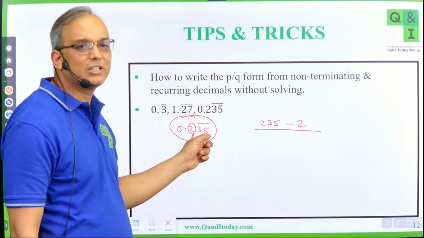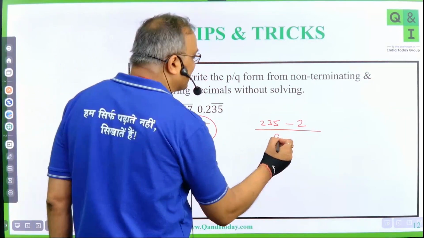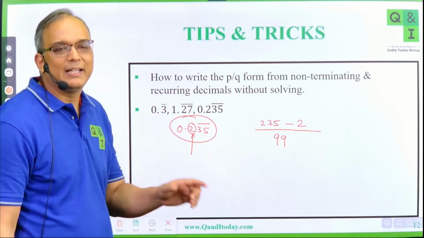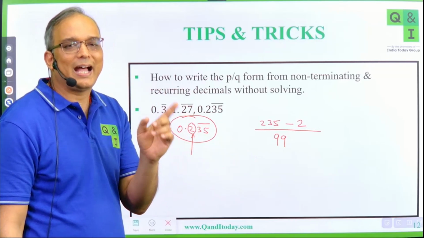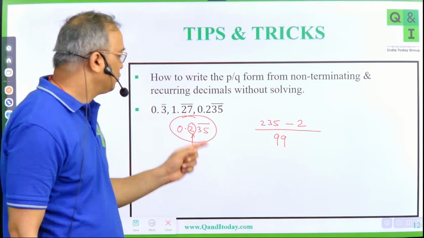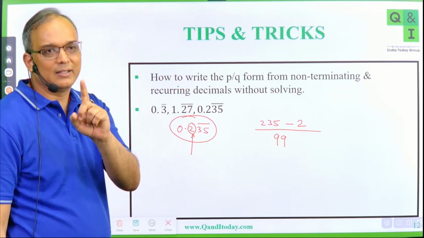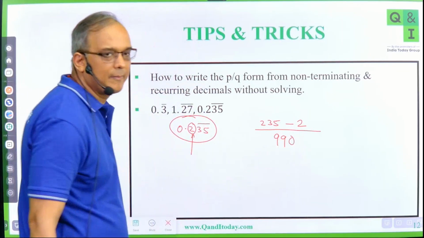There are 2 digits which are repeating, 3 and 5. So number of nines is 2 nines, 9 and 9. Followed by number of zeros which are not repeating and are after the decimal. So after decimal only there is one digit which is not repeating, right? So that's why we will follow it by 1 0.